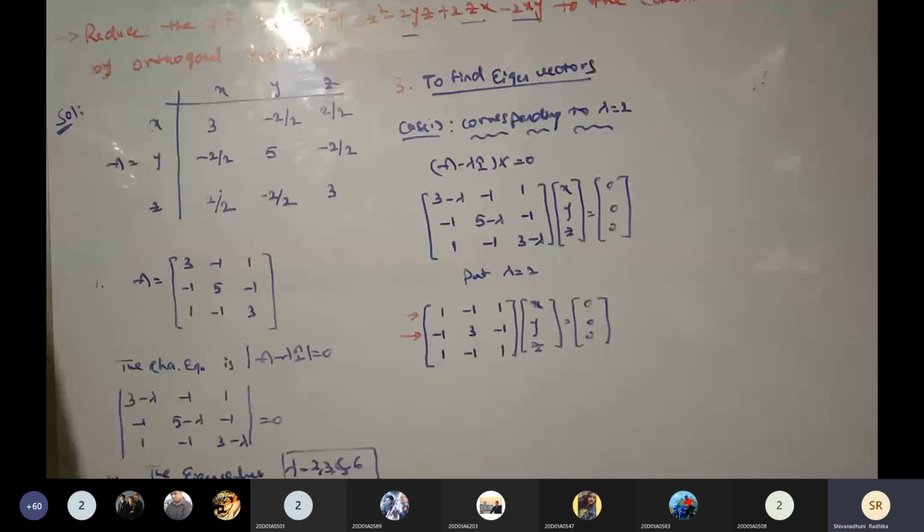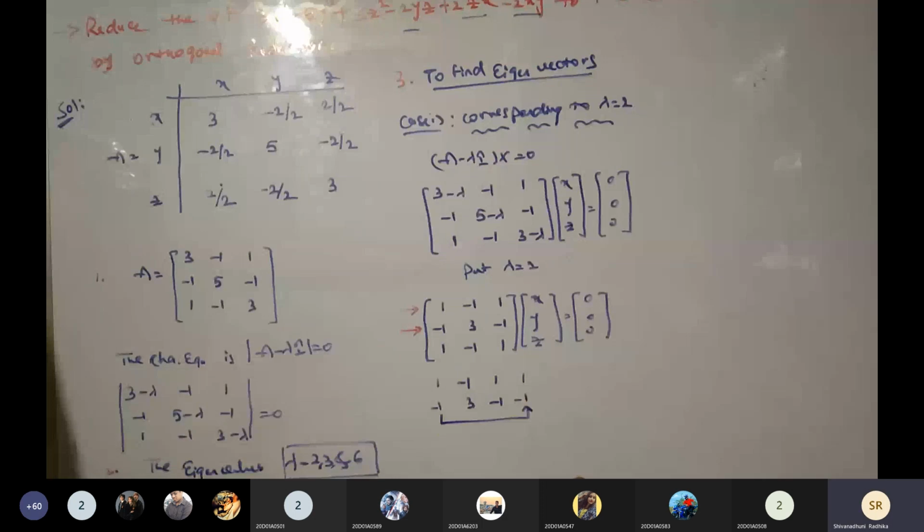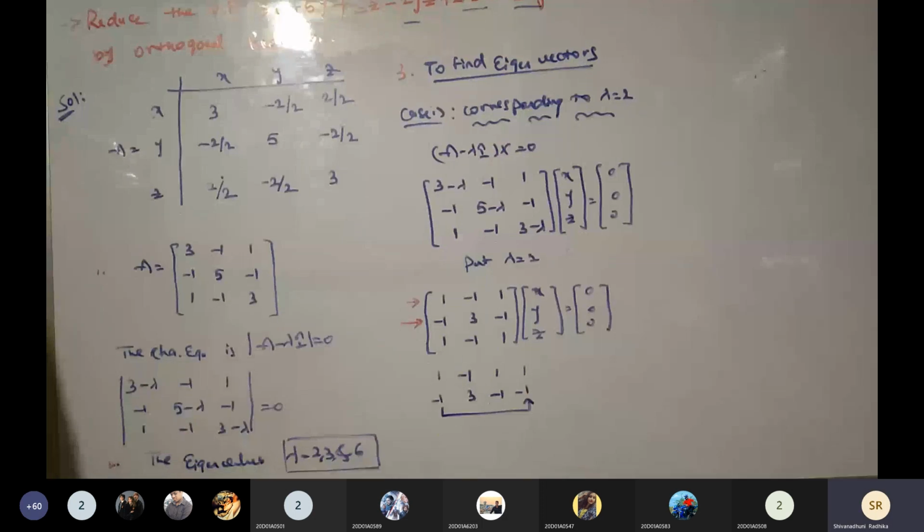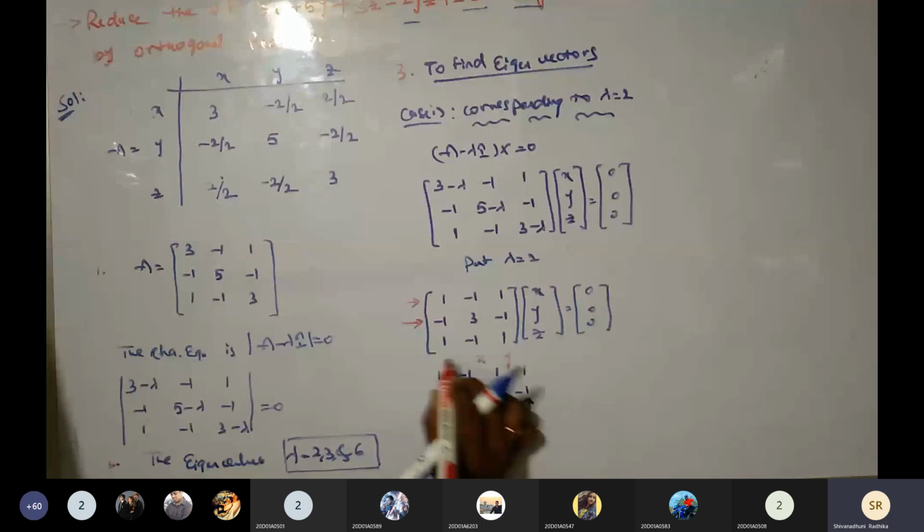So the values are here. I'm going to write 1, minus 1, 1 and minus 1, 3, minus 1, and again write the first values, 1, minus 1. Then x by, so this is the x and this is the y, here it is the z. What is the x value denominator? 1 minus 3.